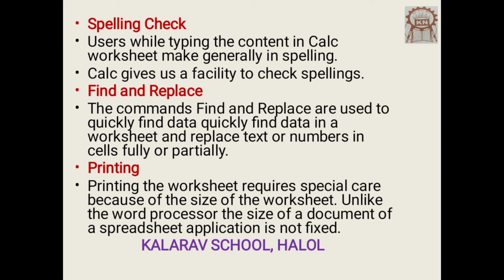Now your name will not be highlighted as incorrect anymore. Spelling check can be done by just pressing the function key F7. To avoid spelling check automatically, you may choose Format, Cells, Font, Language equal to none.